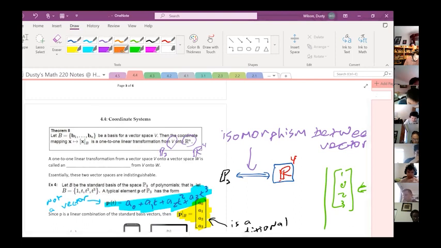And the key word in the middle here is you have this 1-to-1 and onto. And so we say that a 1-to-1 linear transformation from V onto W is called, here's our word, an isomorphism. It's like a translation from one language to another language, if you will. And it's important because you could go back again.